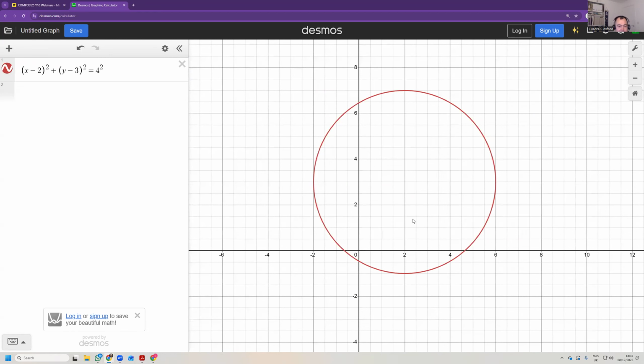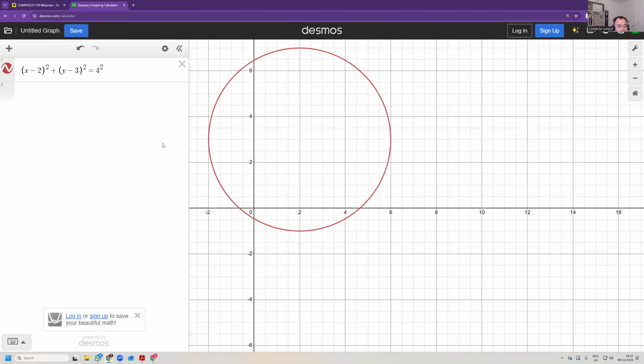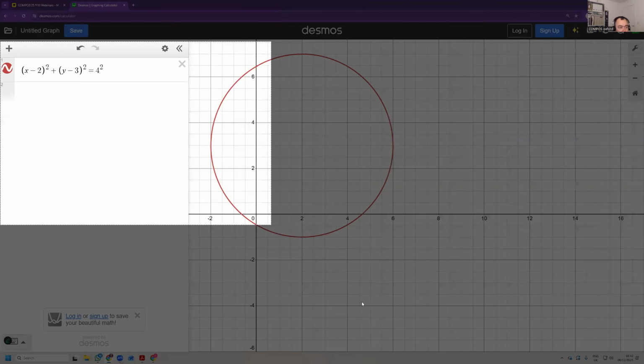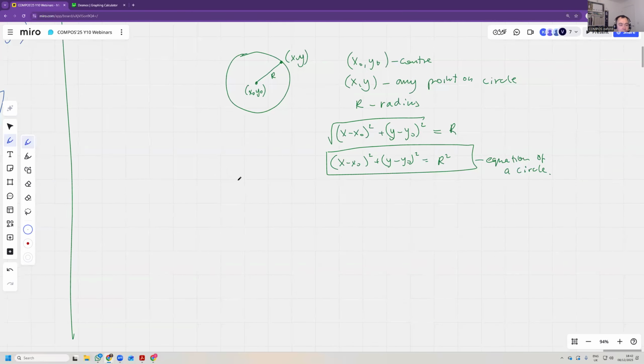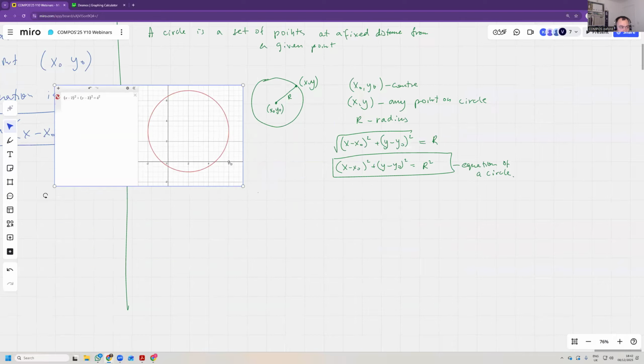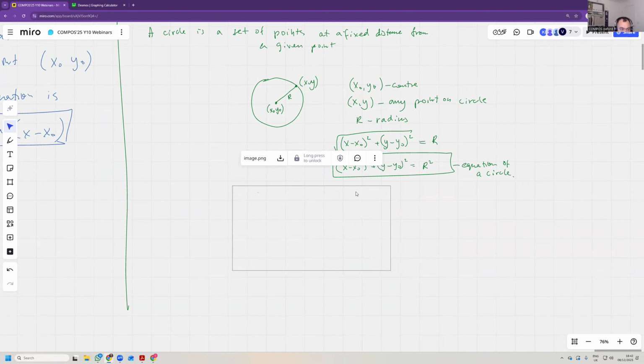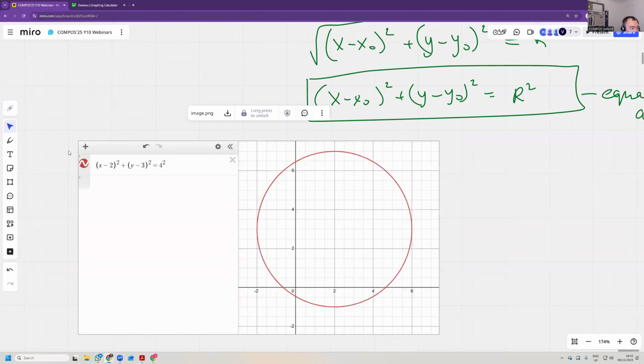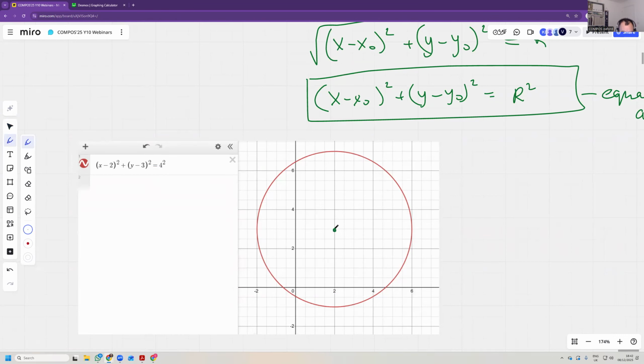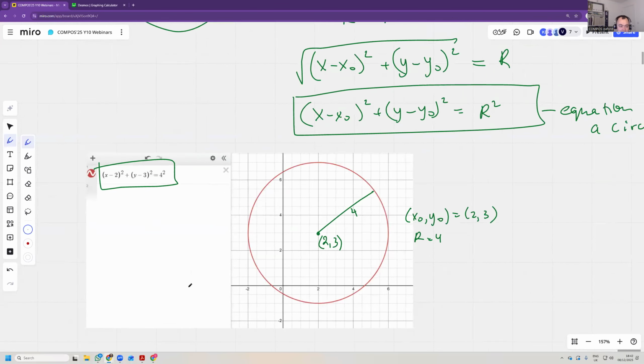You can see it is in fact a circle with radius 4, that's the radius, and the center is (2, 3). So (x0, y0) is (2, 3) and the radius is 4. So that's the equation. Okay, hope that makes sense.